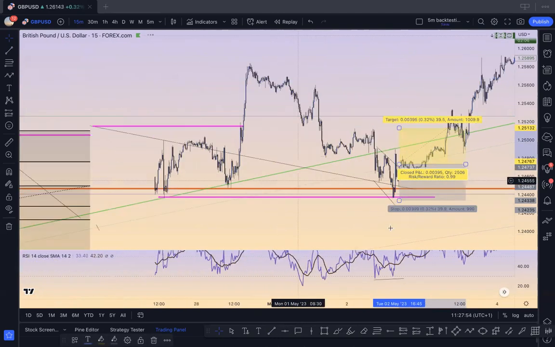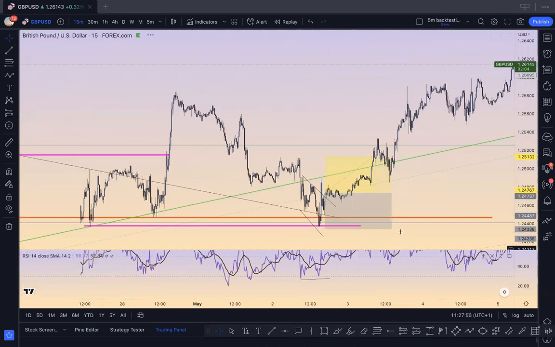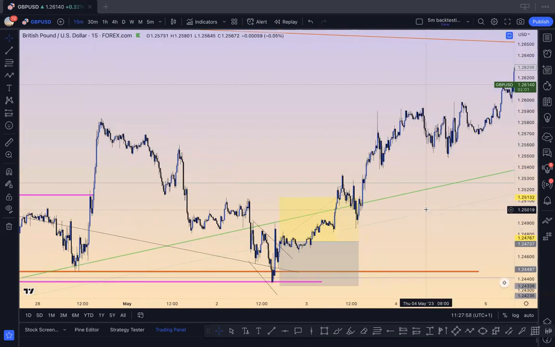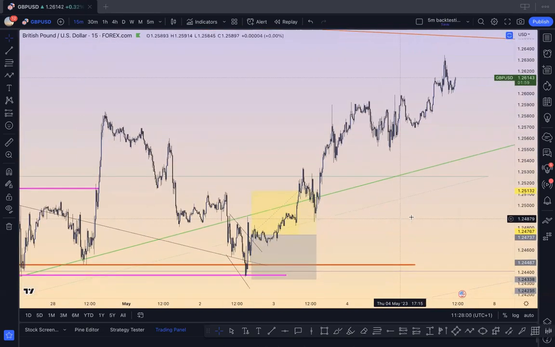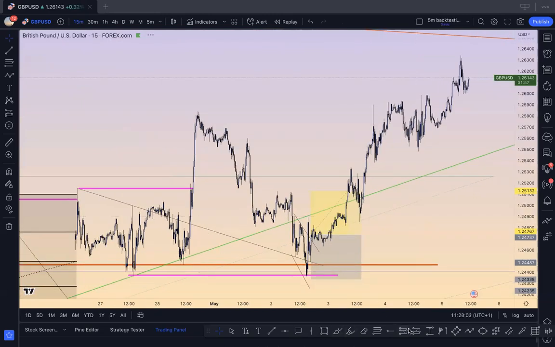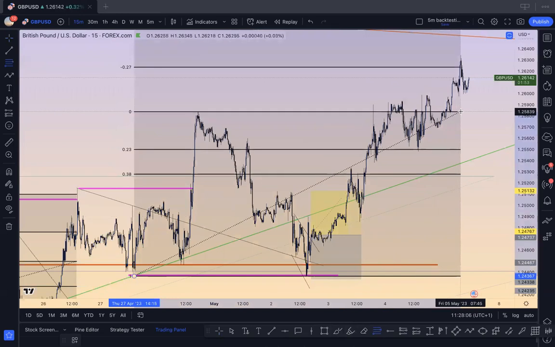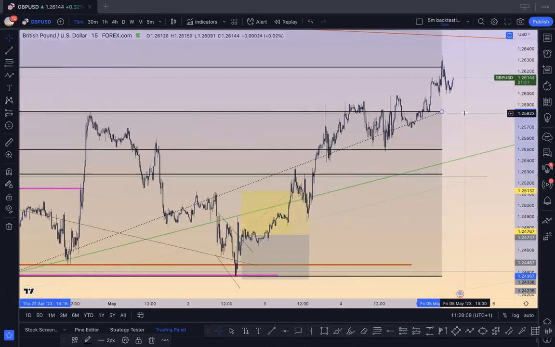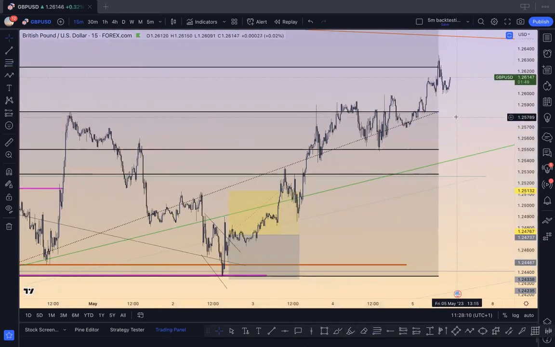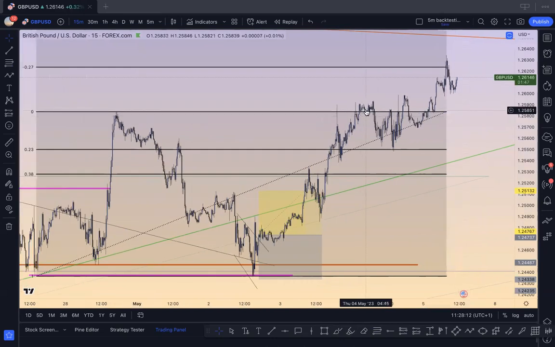And my new Fibonacci is from the low to the impulse, like that. And I pulled the trade at the highs because my analysis was at least negative 27.